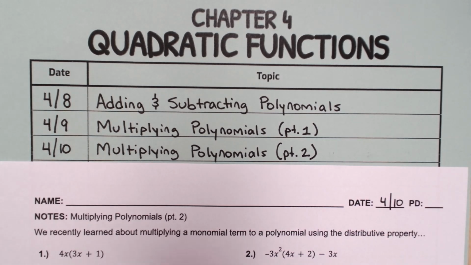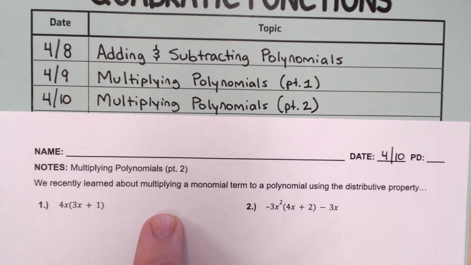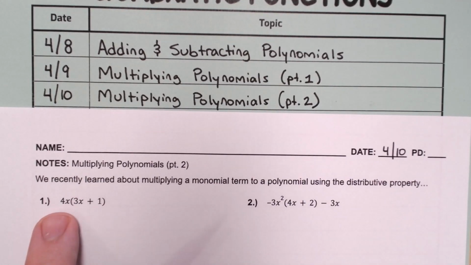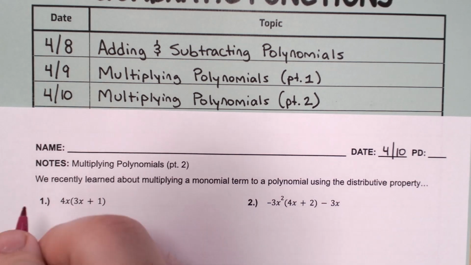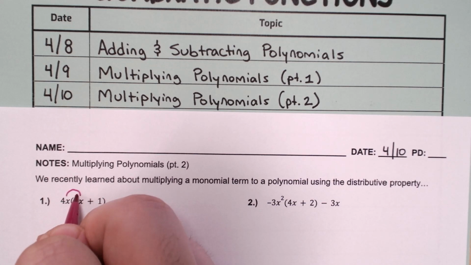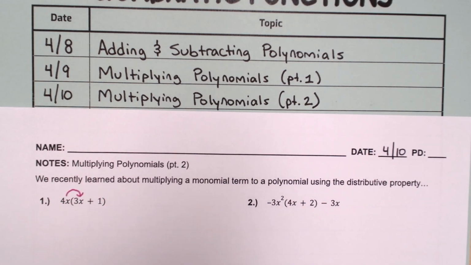So, building on what we did yesterday, let's use the distributive property to multiply a monomial term to a polynomial term. So for number 1, 4x times 3x plus 1. We've got to multiply 4x to the 3x. That's going to give us 12x squared.